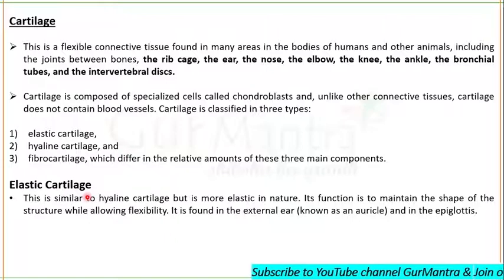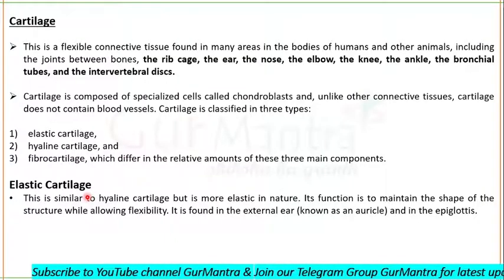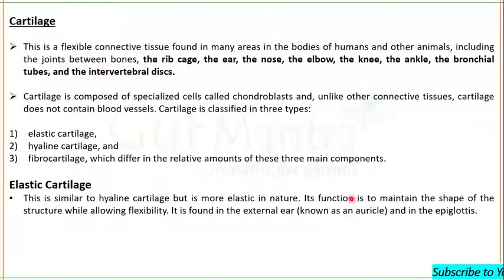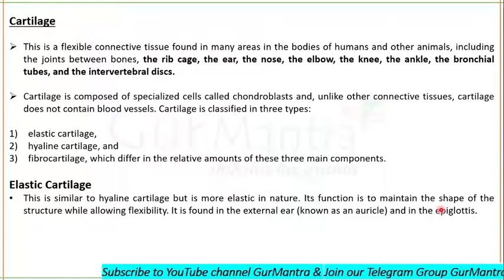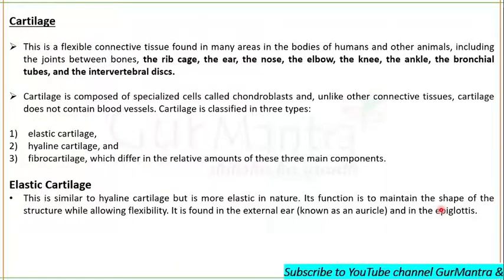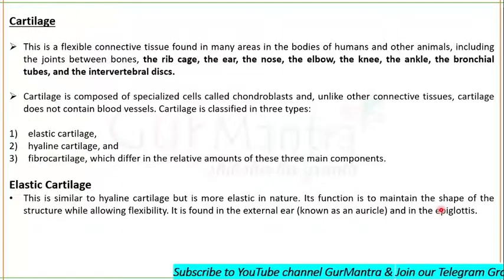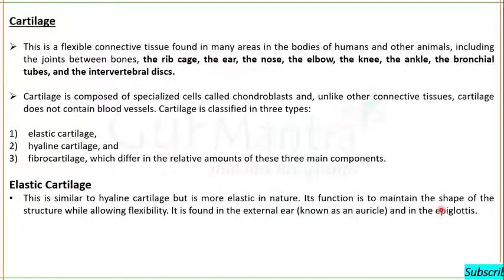Elastic cartilage is similar to hyaline cartilage. I should have mentioned hyaline cartilage first. But what is the function of elastic cartilage? It maintains the shape and structure, while also allowing flexibility. It allows flexibility of some structures but also maintains them.